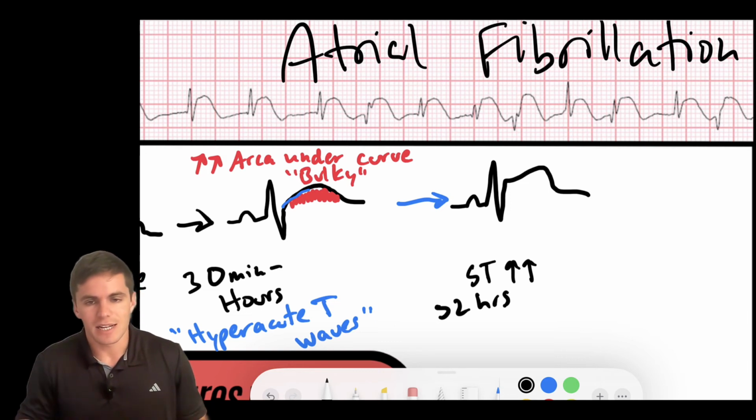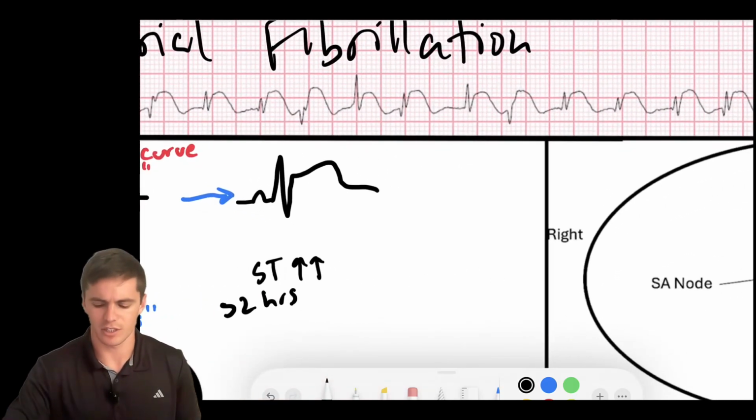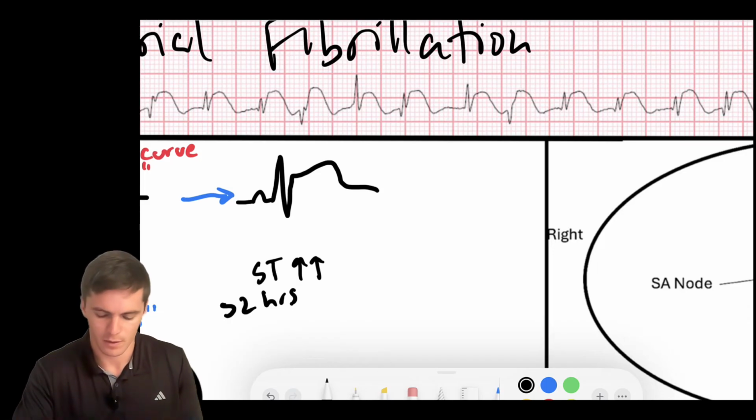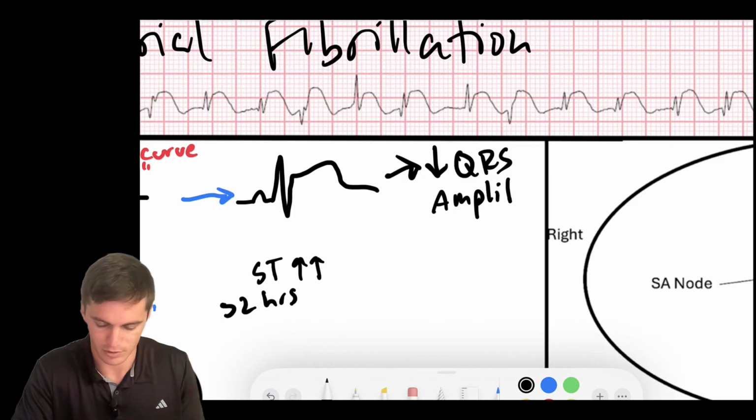And as the ST segment elevation, as the myocardial infarction progresses, a couple things you can expect to change. So I just want to talk about the changes that you're going to expect to see. If the myocardial infarction is bad enough, you're going to see it progress to a decrease in the QRS amplitude. Right?